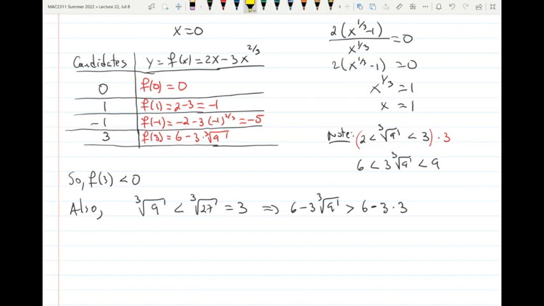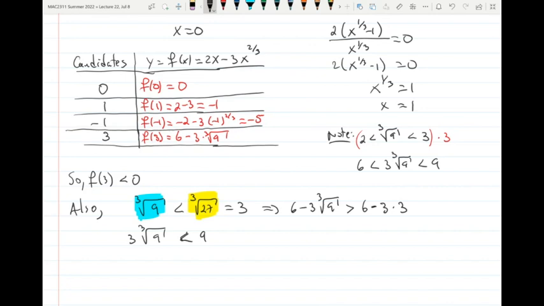Let me explain this. Okay, so because this number, or let me do it from the other way around. Because this number right here is bigger than this one, because cube root of 27, which is 3, is bigger than cube root of 9, then when I multiply by 3, I get that this is less than 9, because 9 is bigger.